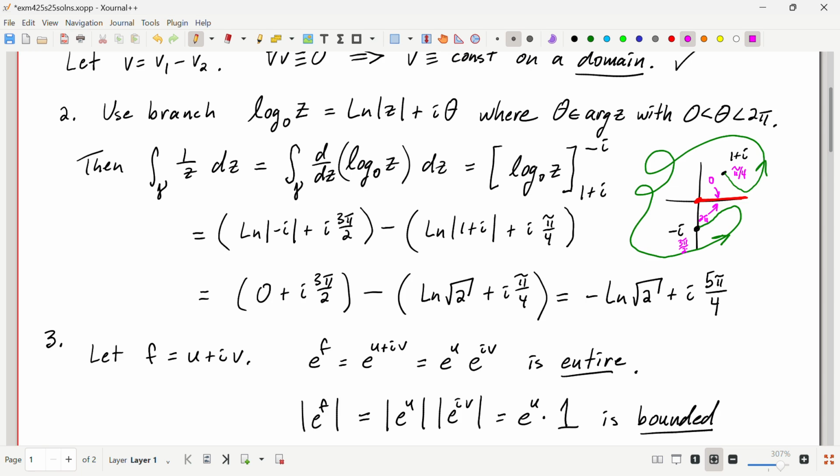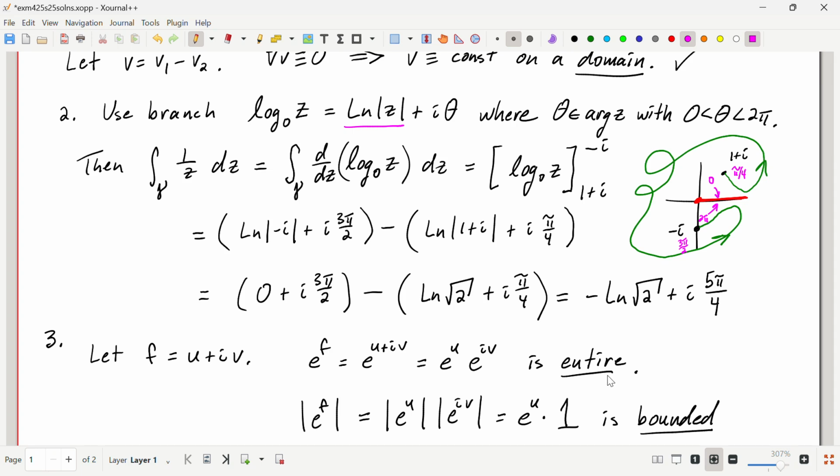Using that branch of log, the real part's always the natural log of the modulus of z, no matter which branch you pick, but it's the choice of the angle that determines the branch, and the angle is an argument of z, and we're taking the argument that's between 0 and 2 pi.